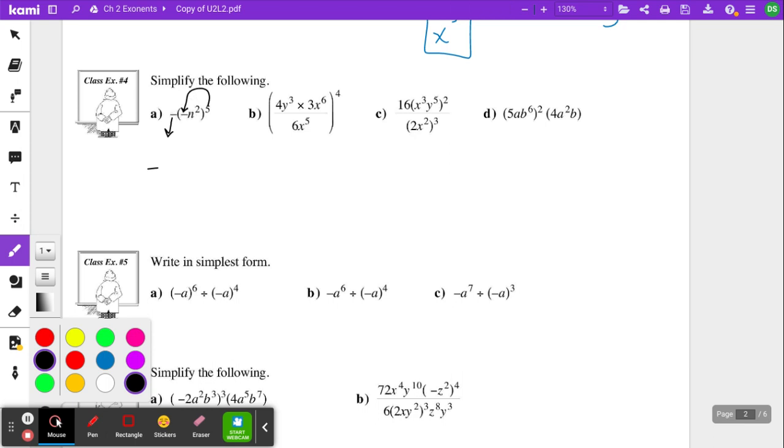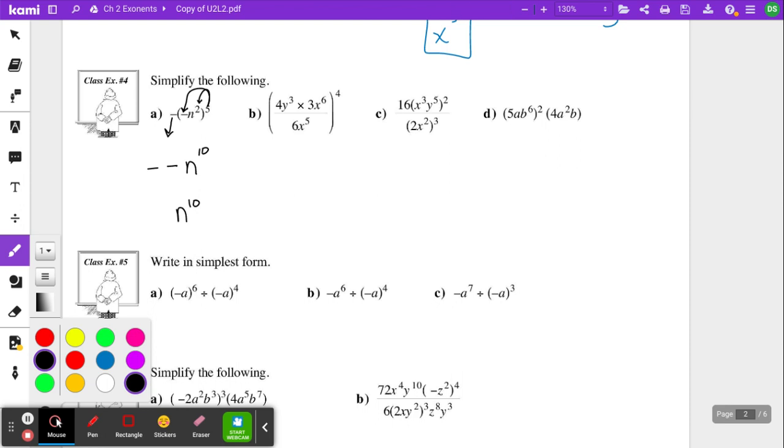What would we get? A negative. But the 5 also applies to that, so we get n to the power of a power, 10. So all said and done, you have a positive n to the 10. Good thing we worked on that one, because the opposite of an opposite is positive, right?